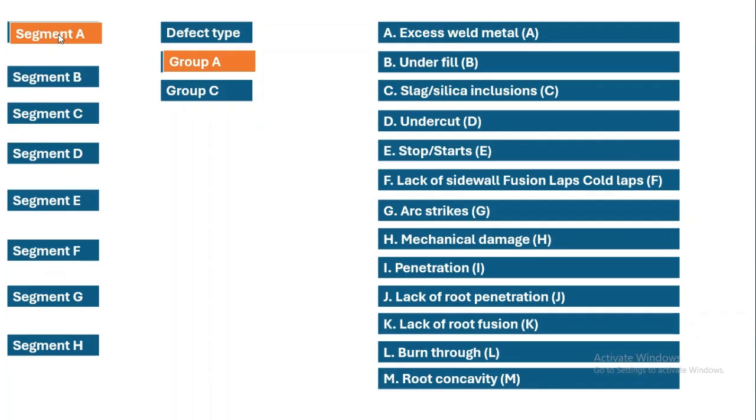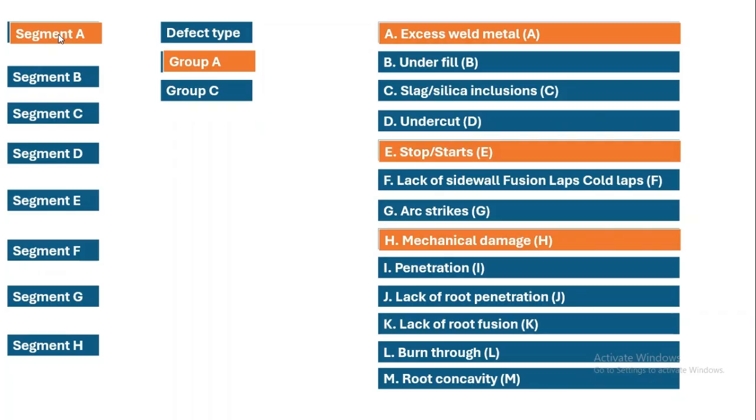If it's rejected, you have to mark, like excess weld metal is rejected, so I marked. If you identified the defect, but criteria wise it's accepted, you should not mark. Directly you can consider it as accepted, no need to mark it.